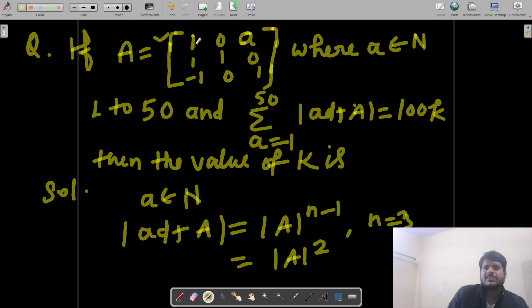So I will hide the first row and first column, and then we will multiply 1 into 1 minus 0 into 0. So we are writing here determinant of A is equal to 1 into (1 into 1 minus 0 into 0).